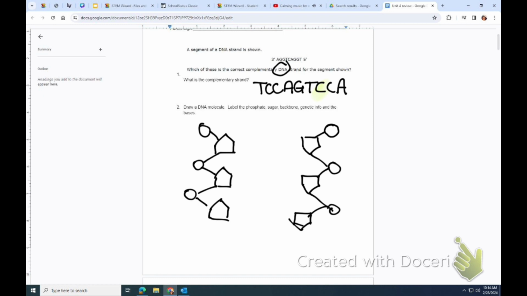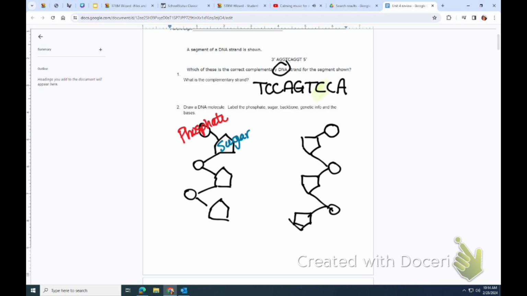So we're going to label these. This here is my phosphate. This here is my sugar. Now specifically, this sugar's name is deoxyribose. Okay? If it was RNA, it would just be ribose. But DNA has deoxyribose sugar in it.